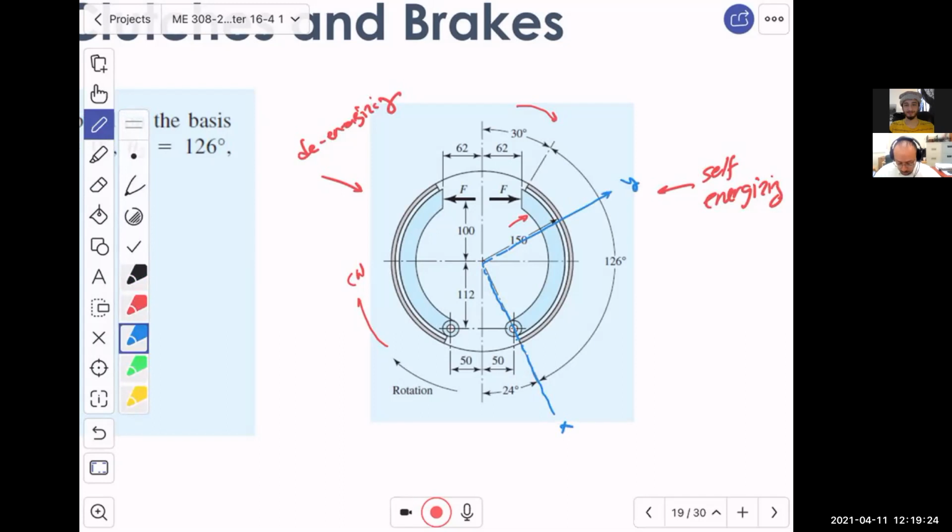And as we know, we measure the angle from the positive x-axis in a counterclockwise fashion, and thus theta 1 will be equal to 0. And then from here all the way to there, look at the shoe, we will have theta 2, which is equal to 126 degrees. Do you agree?